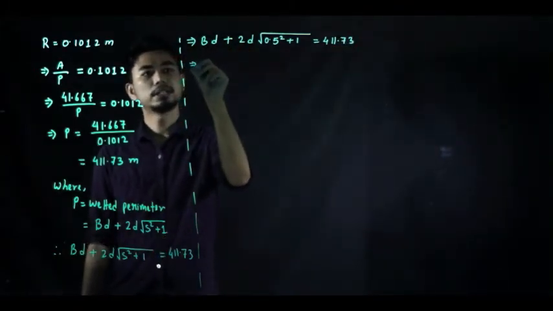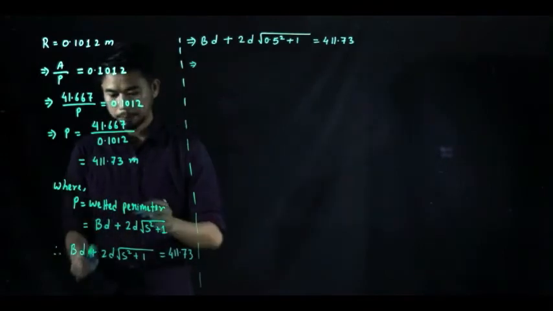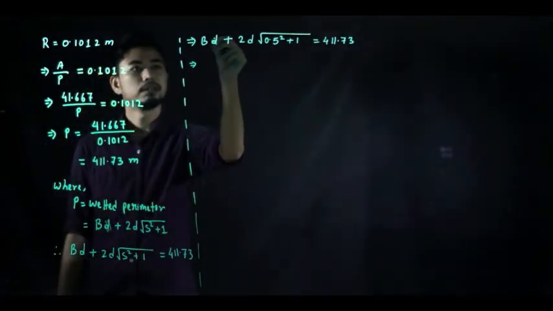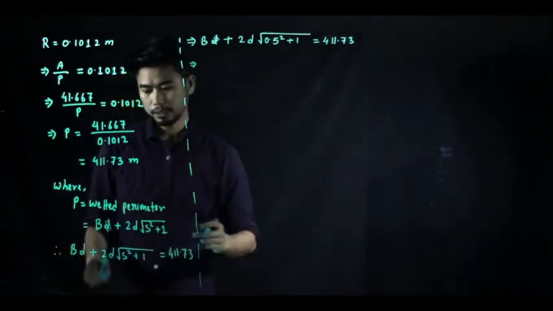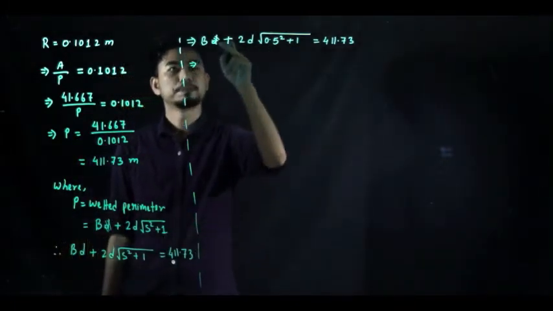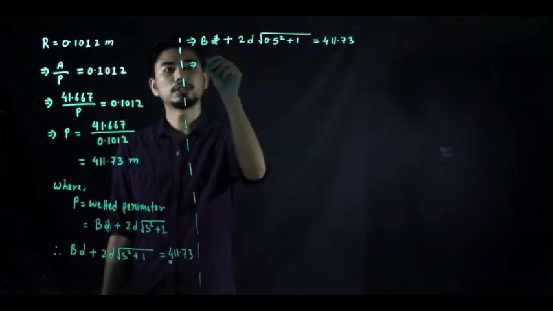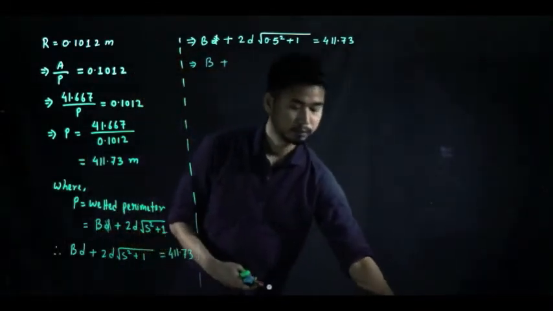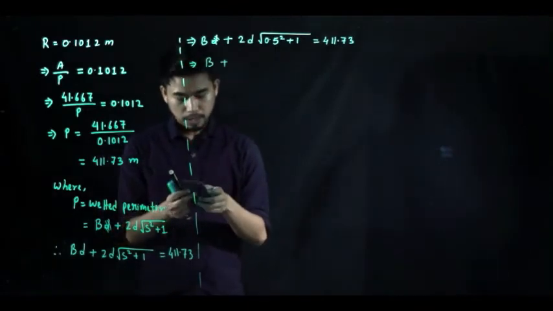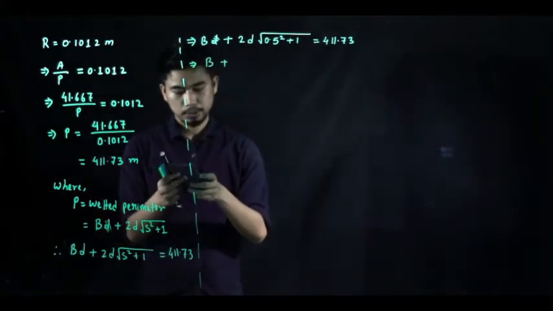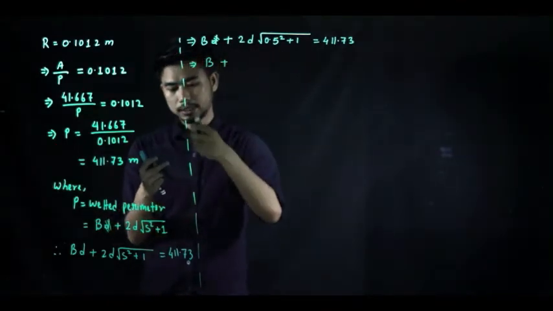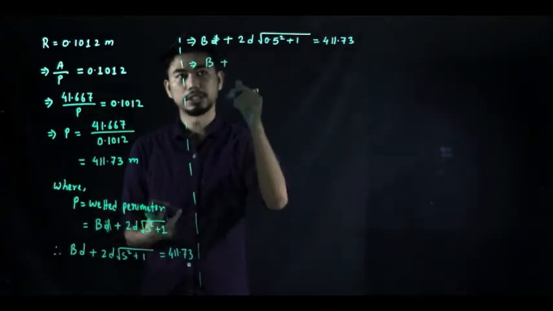Sorry, P is not BD, this is your B. B plus 2D under root S square plus 1. Okay, sorry, I made a small mistake here. Anyway, so everything is known to us. So from here we will get B plus 2 under root 0.5 square plus 1. So I will solve this. This will give us under root 5 or 2.236.